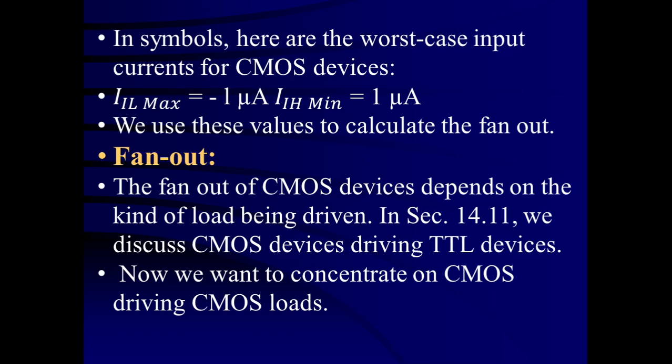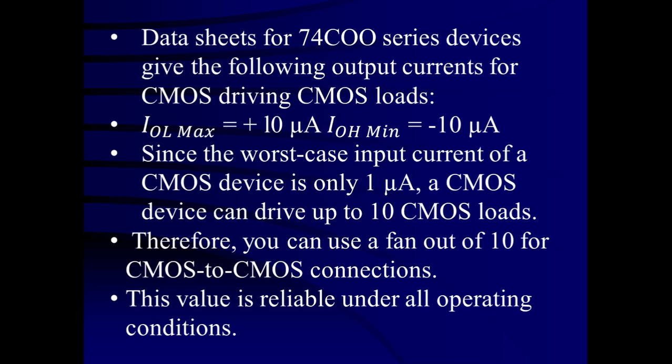How many CMOS loads can be connected to a CMOS driver for reliable operation is known as fan out capability. Data sheets for the CMOS C00 series devices give the following output currents for the CMOS driving CMOS loads. IOL maximum is equal to plus 10 microamperes.